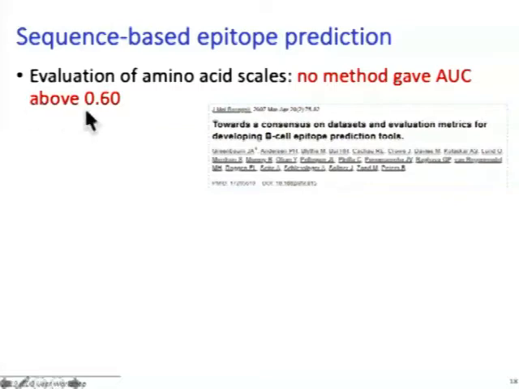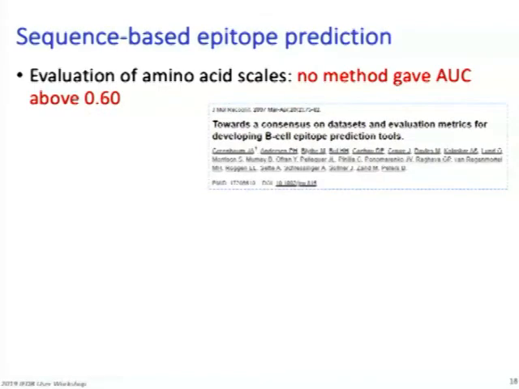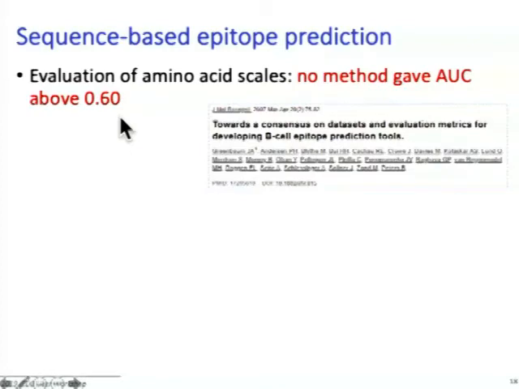With 0.6, you're suspiciously close to 0.5, which is random. So these methods are nowhere near as good as T-cell epitope predictions. They are still helpful, but this is not something you would want to bet your house on. They essentially allow you to prioritize and interpret when you're looking at a protein.